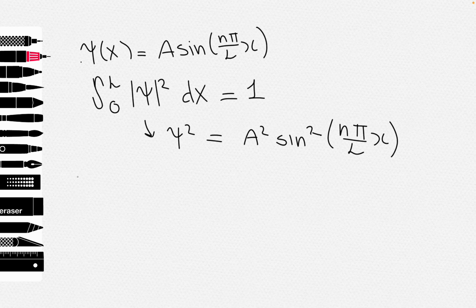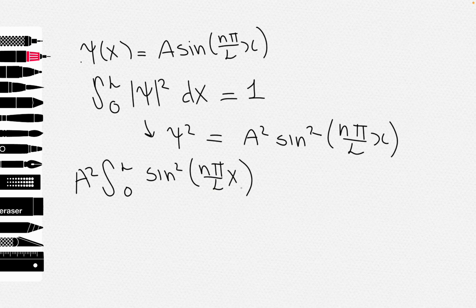So to put it all in an integral, it will look something like this. So a squared, I move the constant out, from 0 to L, and we have sine squared of n pi x over L. Now, I'm not going to go over the super tedious math because it's just not the main focus of quantum mechanics.